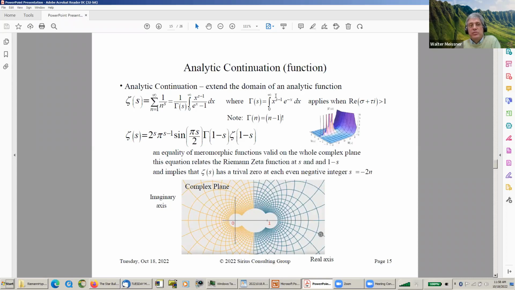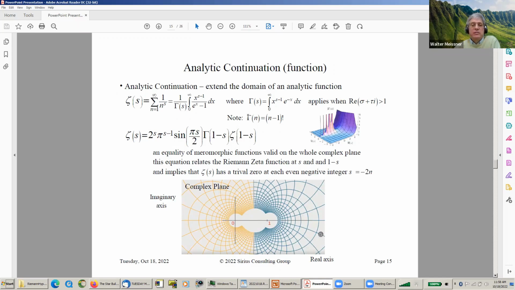The gamma function itself is also defined as an integral, and it applies when the real part is greater than 1, so it really only applies to the right half of a vertical line at 1. And the other thing I'd like to mention is that the gamma function is also called Stirling's approximation.